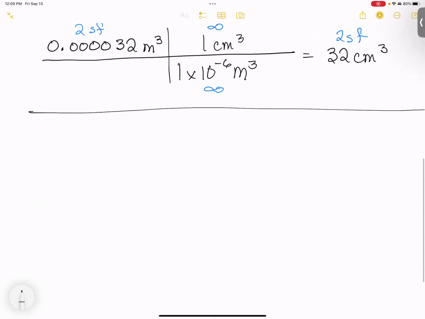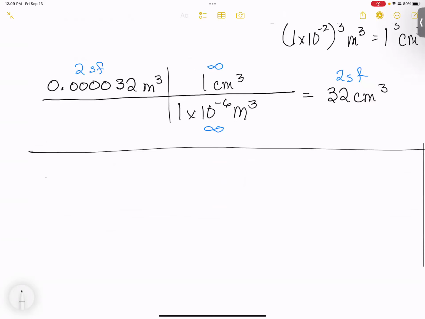Let's look at another example. 1.75 miles squared is equal to how many kilometers squared?